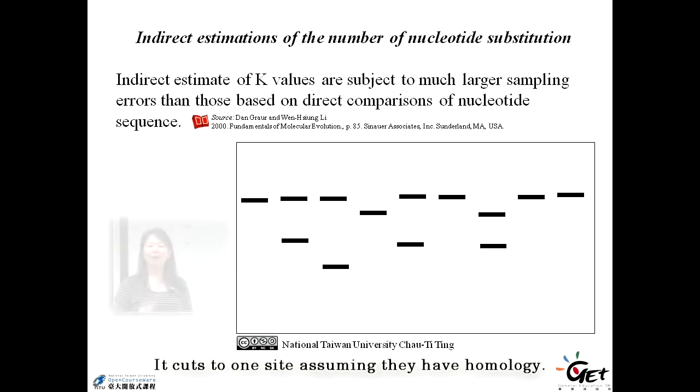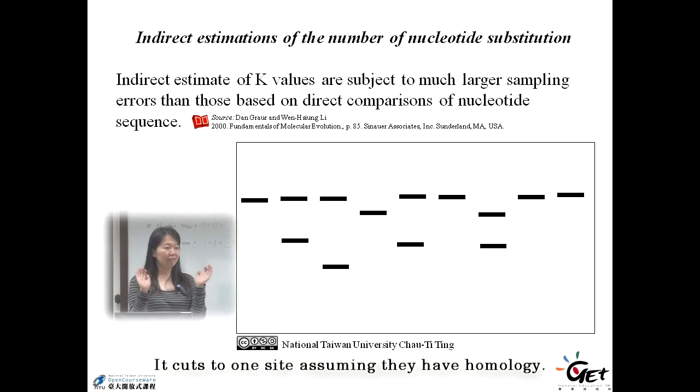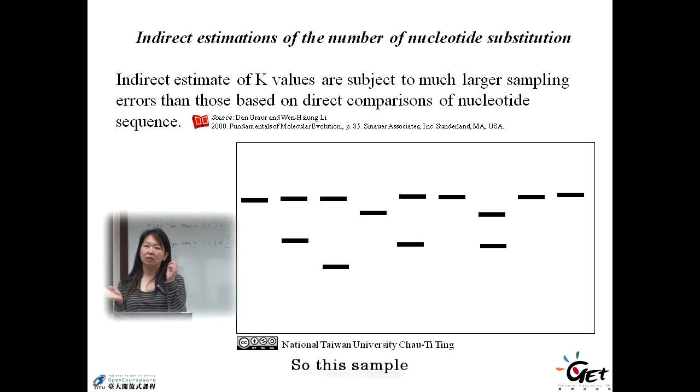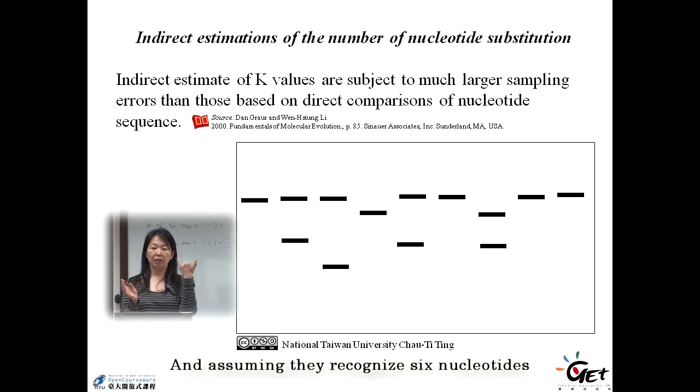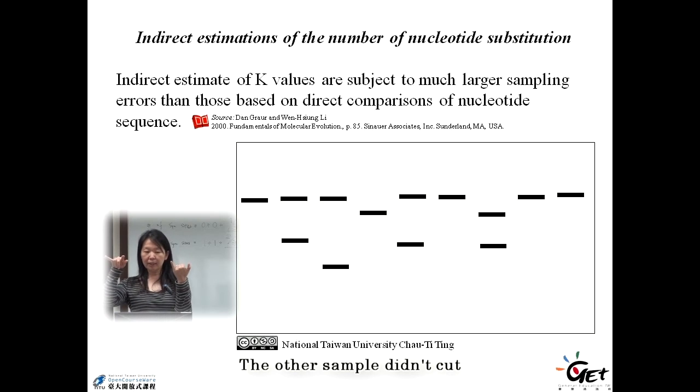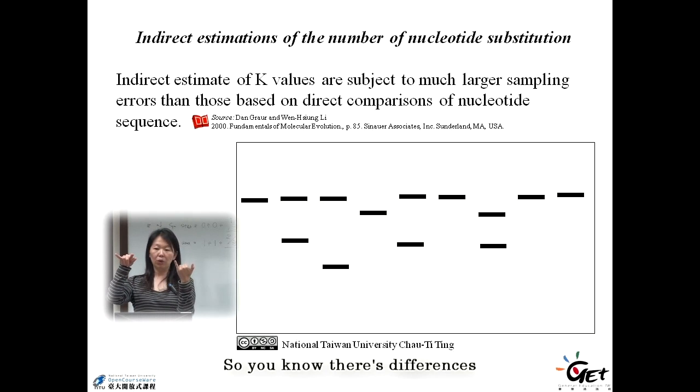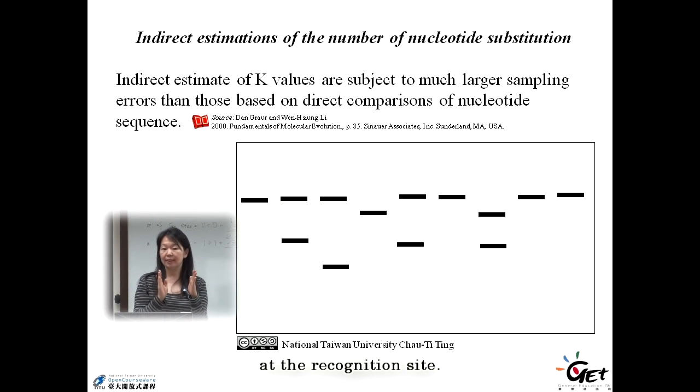It is cut at one site, assuming they have homology. And so this sample is cut by one restriction enzyme, and assuming it recognizes 6 nucleotides, the other sample didn't cut. So you know there is a difference at the recognition site.